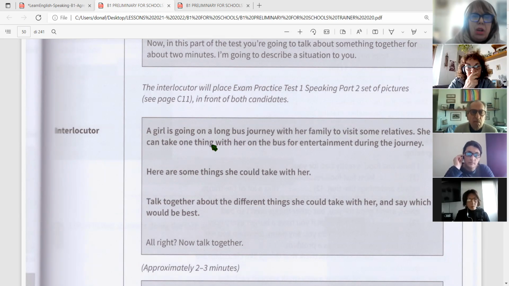A girl is going on a long bus journey with her family to visit some relatives. She can take one thing with her on the bus for entertainment during the journey. And I'm going to show you what the things are. So you have to talk together about the different things she could take with her and say which would be the best. So Anna and Gabriella, you start together.